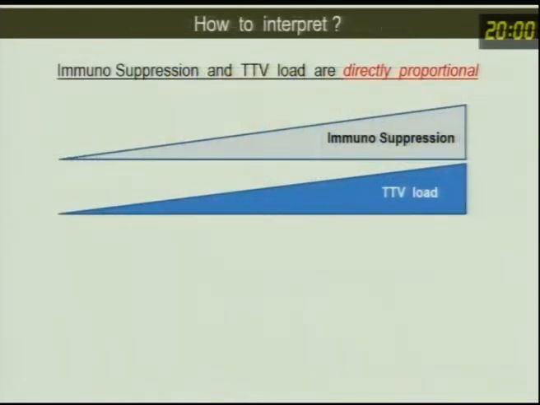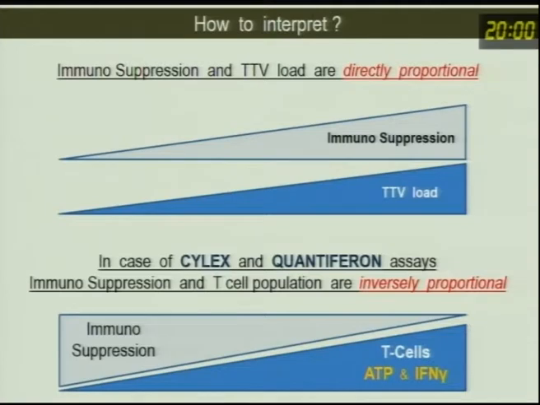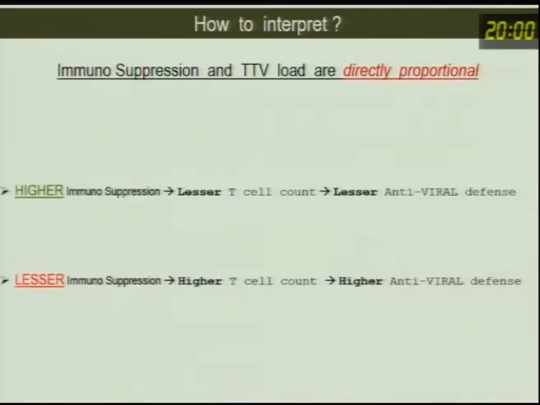Now, how to interpret this data? Immunosuppression and the TTV, which stands for Toctinovirus, are directly proportional. That means higher immunosuppression, higher TTV. In case of Cylex and Quantiferon, it was inversely proportional. Here it is directly proportional. Again, the rule of the game is very simple.